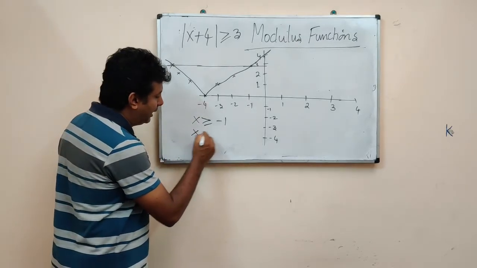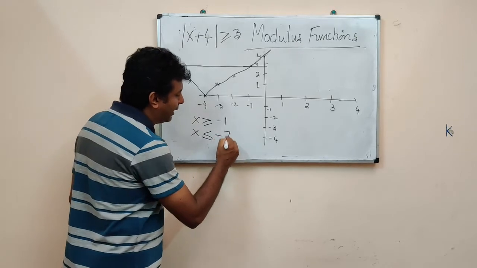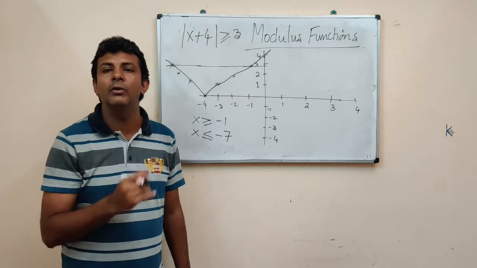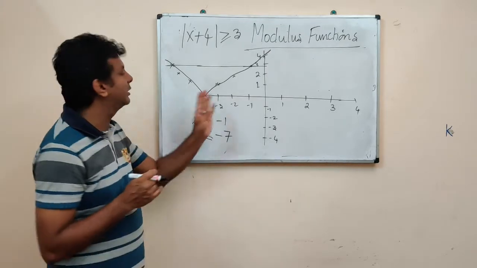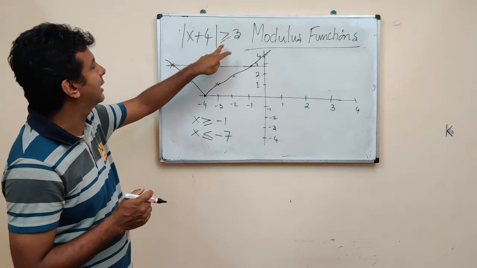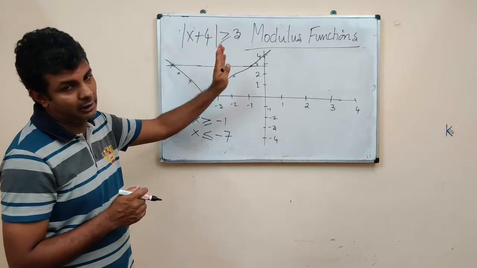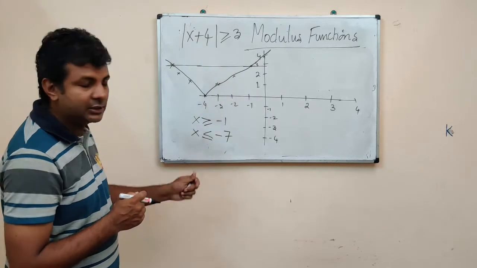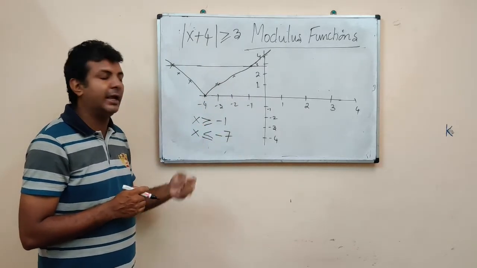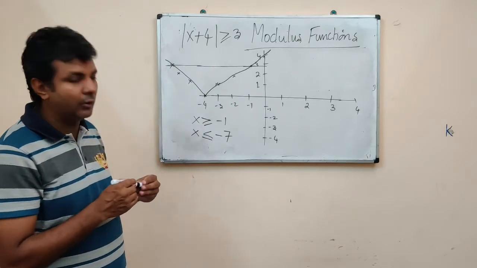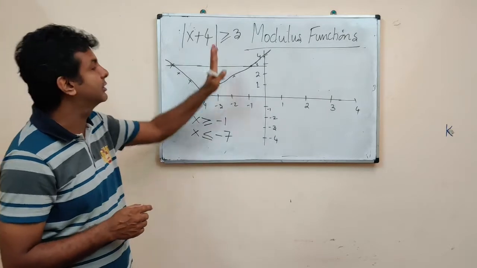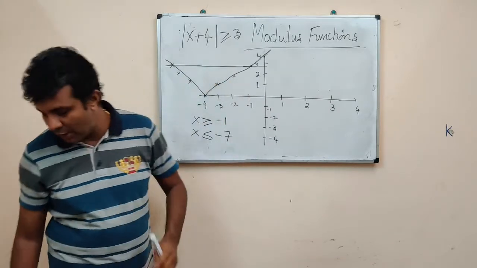These are the two possibilities as far as mod of x plus 4 greater than or equal to 3 is concerned. So what will be the domain of x? The domain of x will be x greater than or equal to minus 1, or x less than or equal to minus 7. And that is how you represent the modulus function in this graph and get the output that is required.